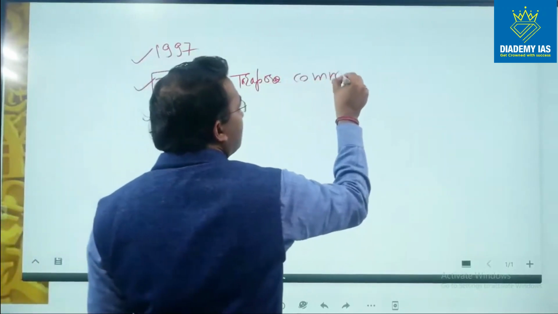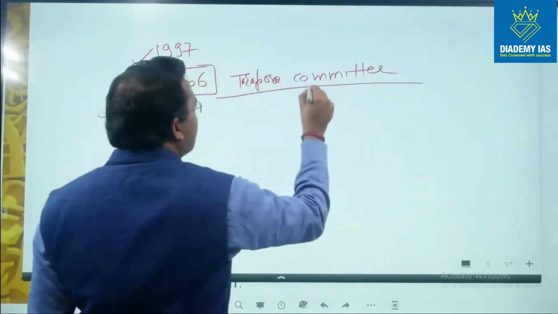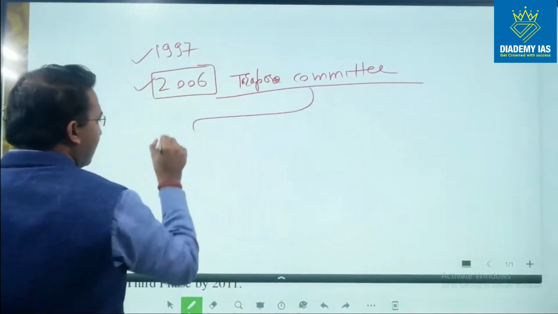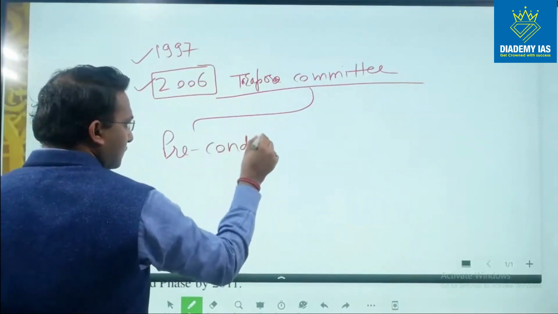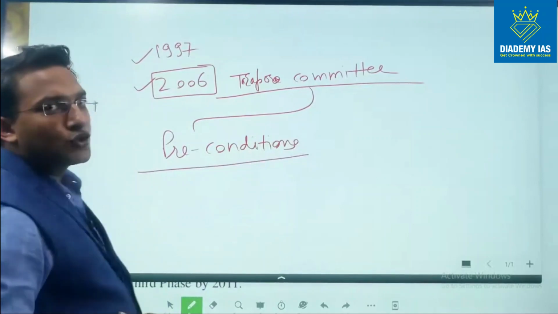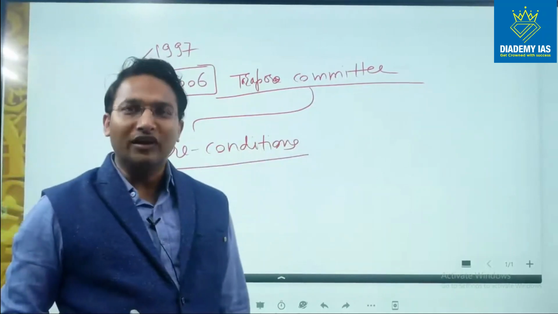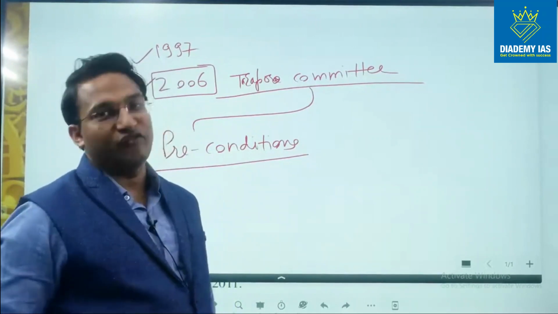In 2006, the Tarapore Committee came out with certain recommendations. It laid down certain preconditions, that is, before we introduce full capital account convertibility, some preconditions should be satisfied.